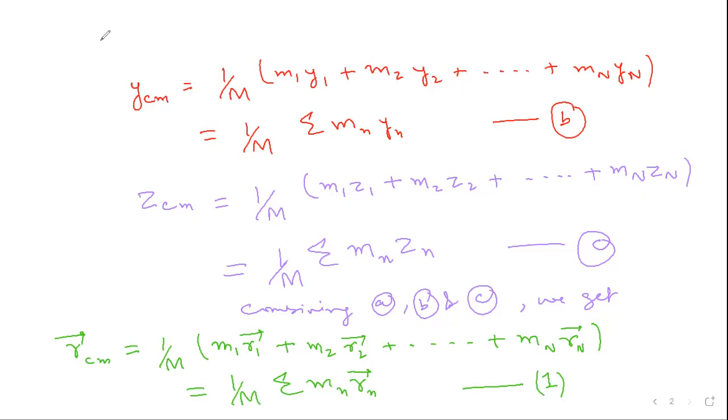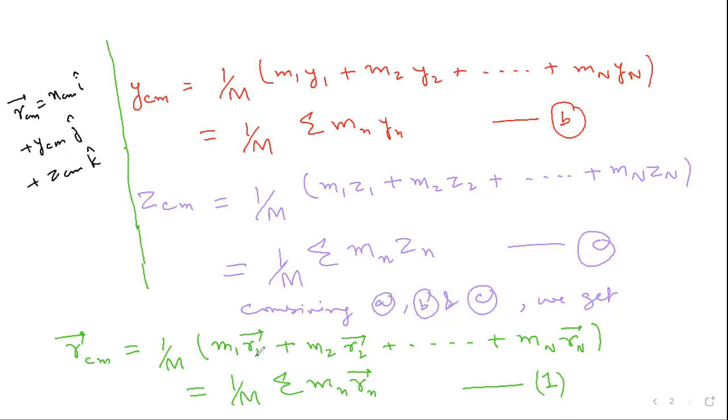I want to remind you here, you must be knowing it, just a reminder: RCM is a vector, the position vector of center of mass. It will have three coordinates, XCM, YCM, and ZCM. That means RCM vector will be XCM i cap plus YCM j cap plus ZCM k cap.